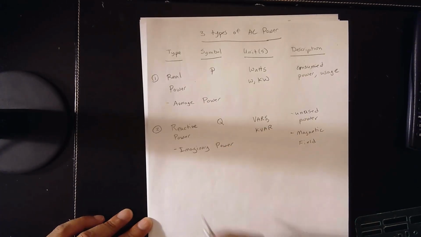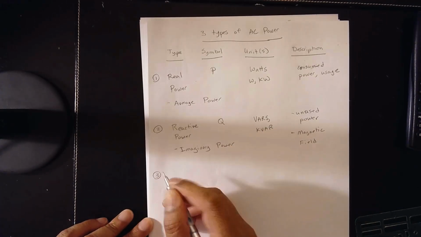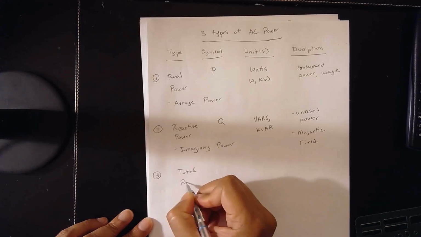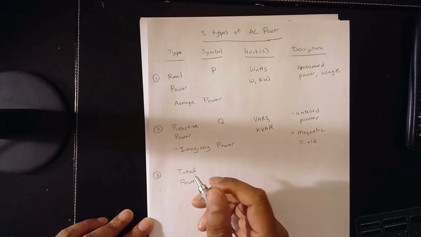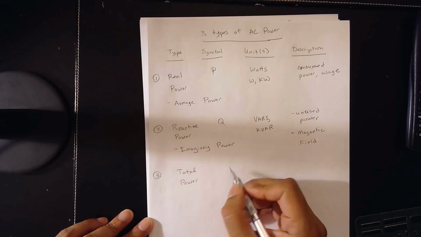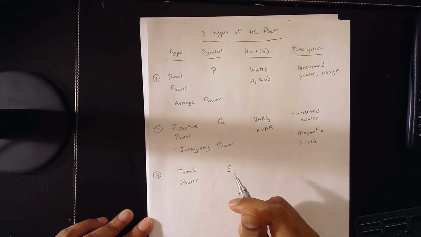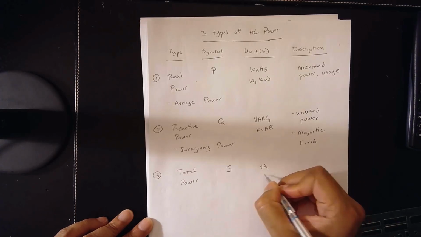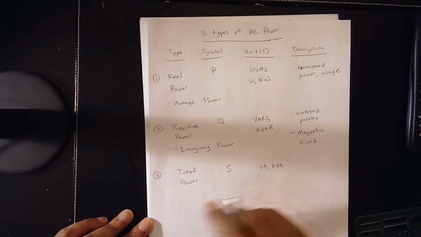Okay. So last but not least is your total power. In this total power, the symbol is S. And we have what you call VA or kVA, right?